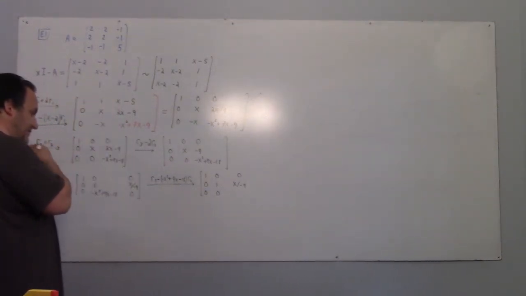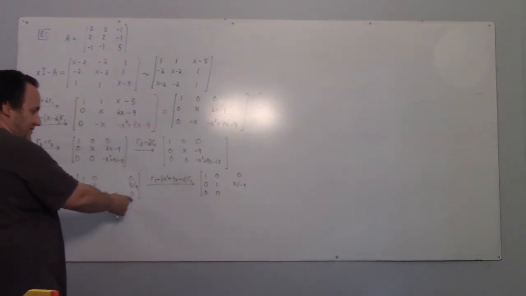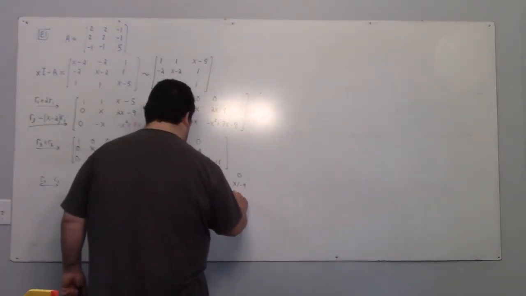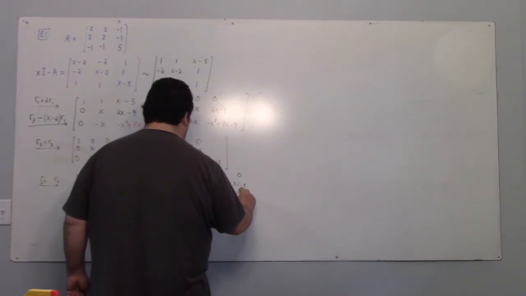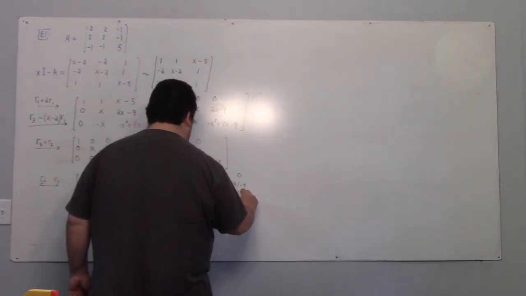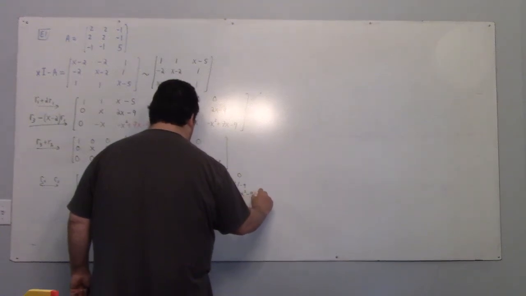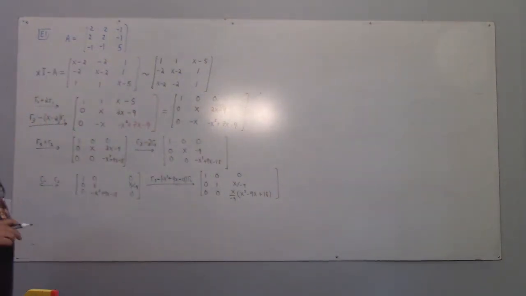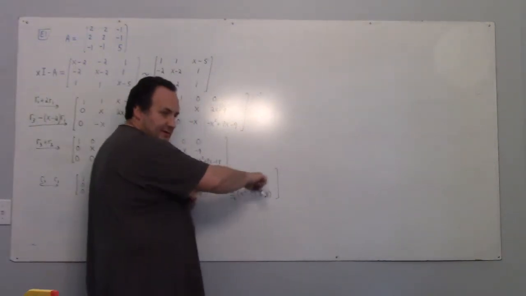But then we get 0 minus x over minus 9 times, I called it sigma, x squared minus 9x plus 18, I think. All right. And then we can use this one to clear out that.